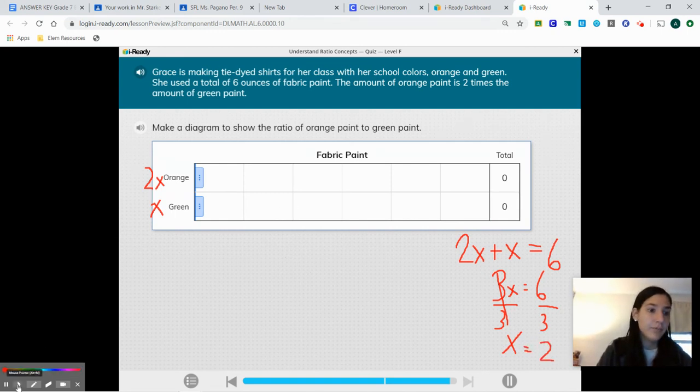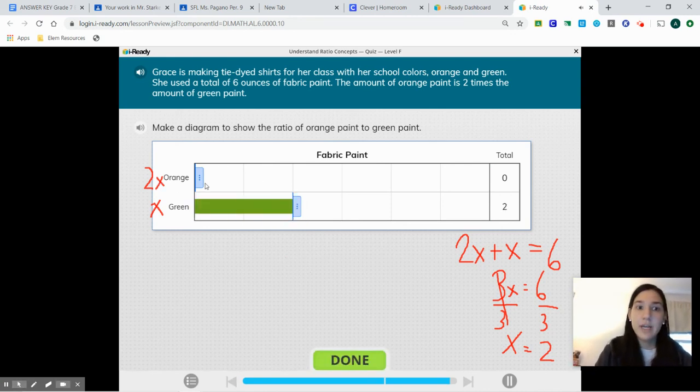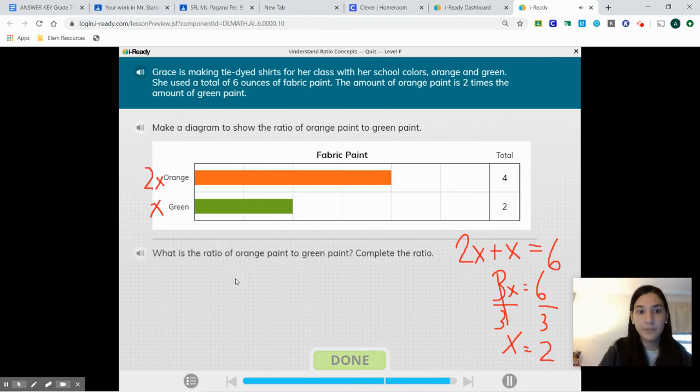So now we can put green as 2, and 2 times 2 is going to be 4, so orange is going to be 4. And just to check, we know that 4 plus 2 is 6, so we're good.